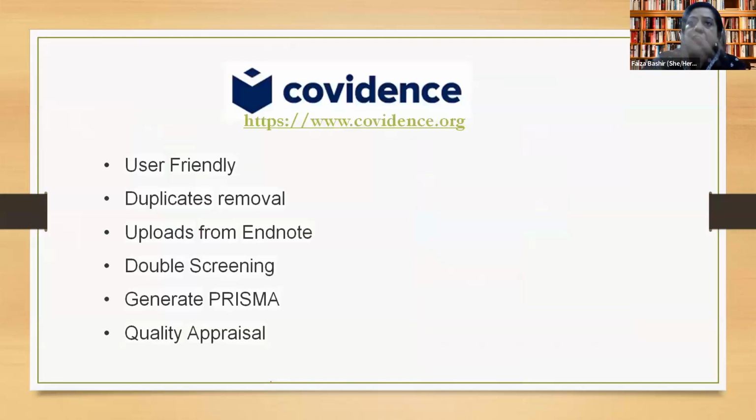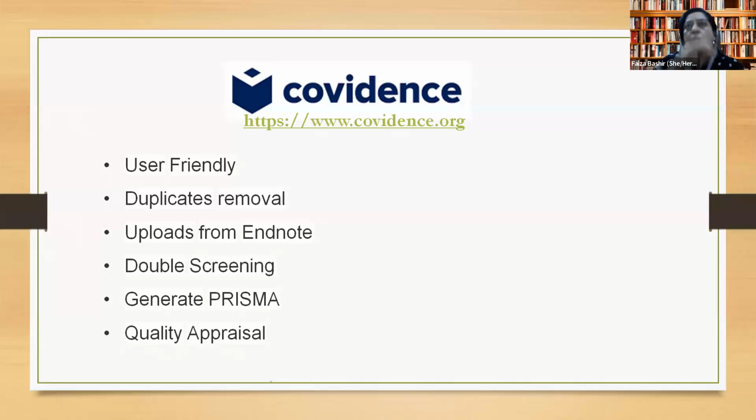In today's presentation, we will take a look at the Covidence software, which is well known and commonly used in conducting systematic literature reviews. This software is user-friendly, it removes duplicates very easily, and uploading from EndNote is very easy.